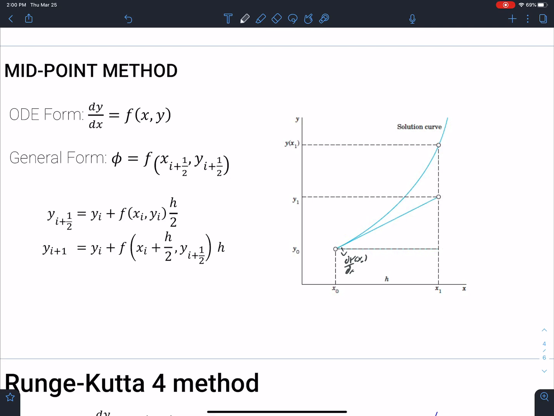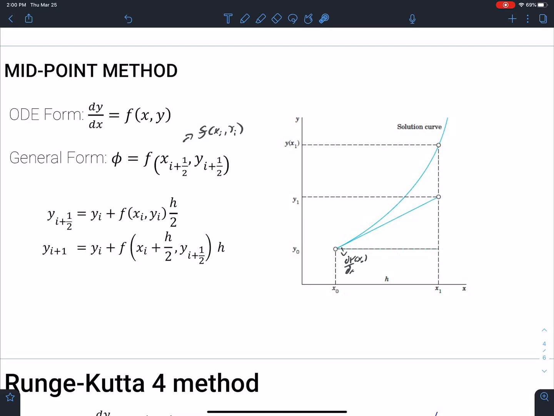We would have plugged in here f at x_i, y_i. This is the regular Euler method, right? But we don't want to do that, because with this slope, if I take this step, I'm going to end up here, and that's an error. We want to end up somewhere closer to here.